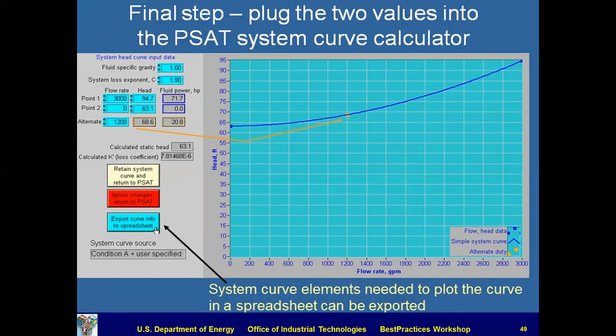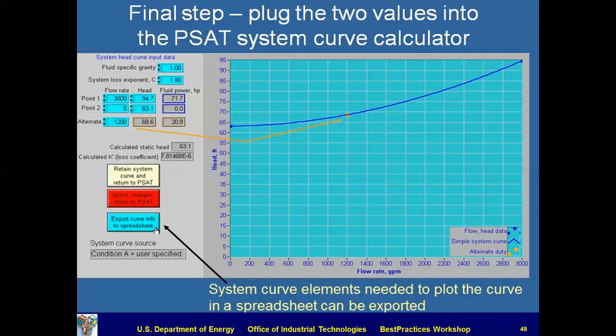And the second point is 0 GPM at our static head, 63.1. Up above that, we input the specific gravity. This is standard water, so it's 1. And the exponent in our equation, we're going to use 1.9 here. And so that's all you got to put in. And we see the static head is 63.1, because that's what you get at the 0 flow point.